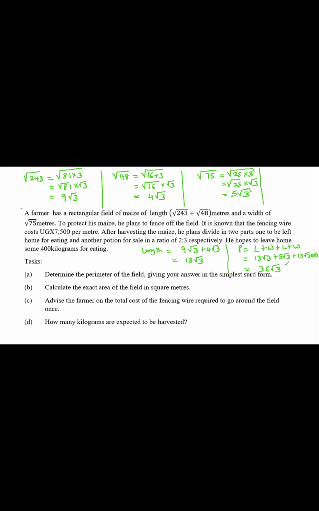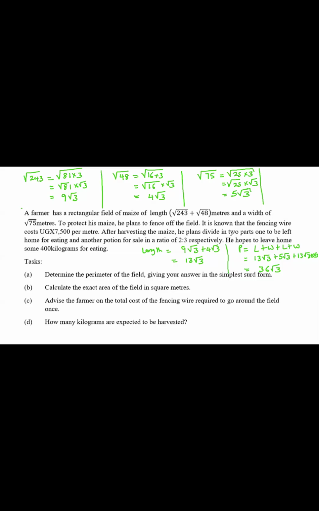Okay. Thank you so much. I don't know whether the rest are coming up with that answer, but let me hope so. Is everyone coming up with that answer? Good. So then you'll conclude that the perimeter of the rectangular field is 36 root of 3 meters.